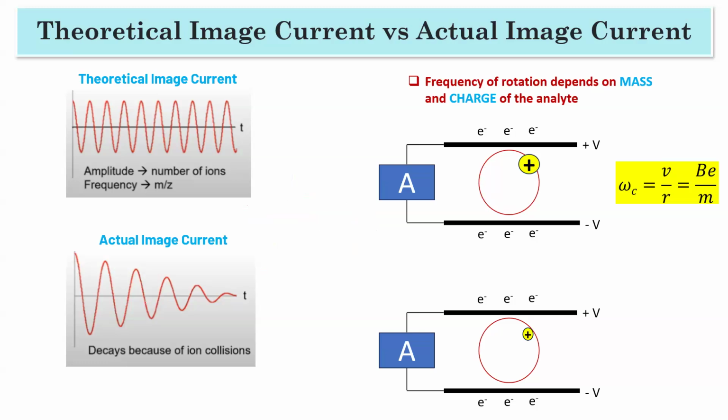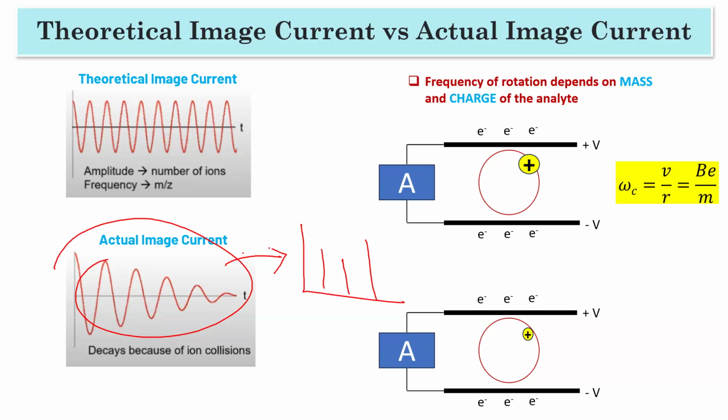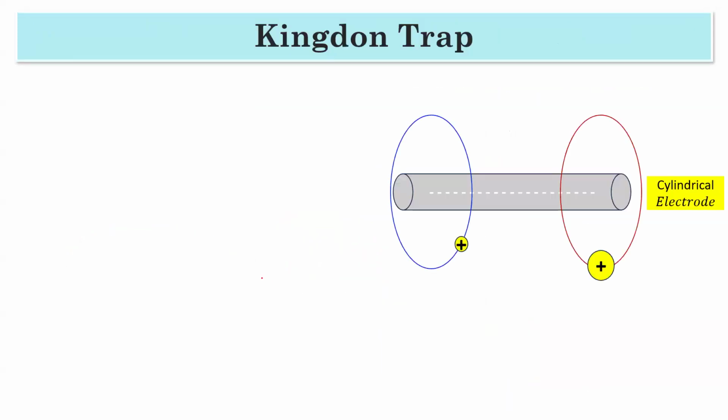Because of that, their image current is also decaying with time. I hope you understand. And you can use Fourier transformation to change this to the spectra, just like NMR, and you can get the m by z. I hope you understand. This is very important in ICR.